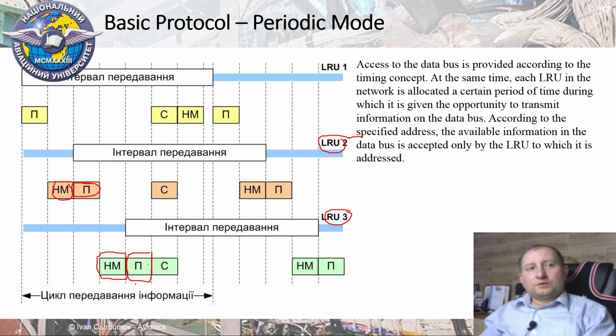After the end of transmission, the final LRU will initiate a synchronization pulse. After this synchronization, all LRUs also will issue synchronization pulses, which gives the possibility to synchronize the cycles of each LRU.